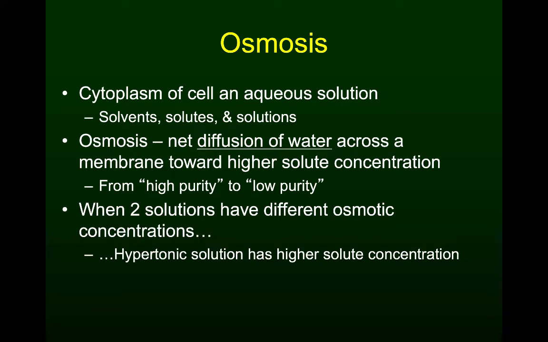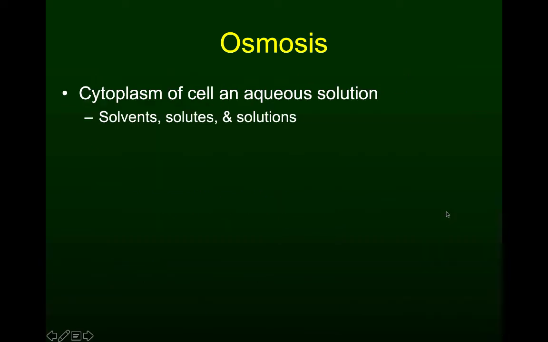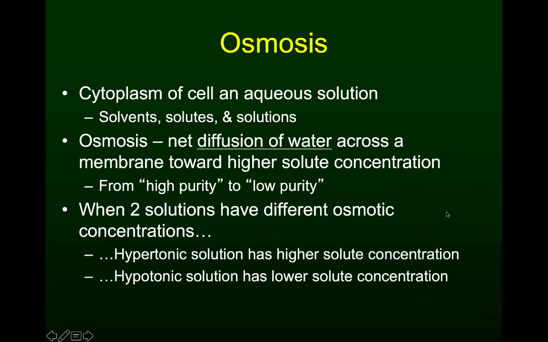All right, so hypertonic solutions. If we look at that last slide for a second, my scenario where we had 100% water versus 95% water, 5% salt, this solution over here was the hypertonic one, and this solution over here was the hypotonic one. Because we have more water here proportionally than here, water moves from the hypotonic side toward the hypertonic side, from hypo to hyper, until equilibrium is reached and both solutions are isotonic compared to each other.